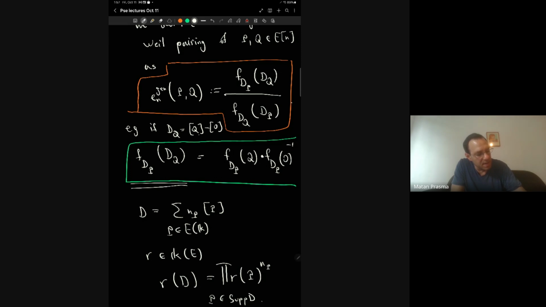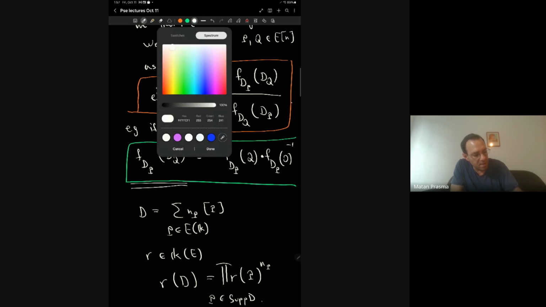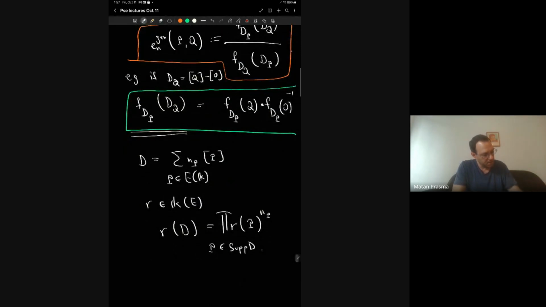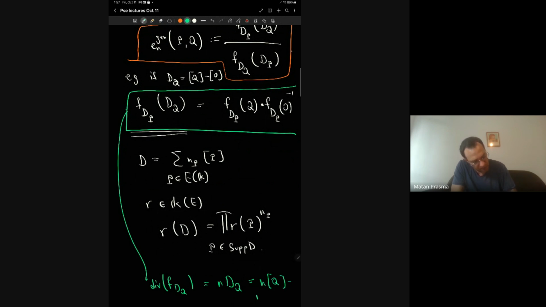If DQ is Q minus O, then FDQ needs to be a function such that the divisor of FDQ is N times DQ, and for this choice of DQ, it's going to be NQ minus NO. And this is what I said in the beginning of this session, that functions like this, we can compute with the Miller algorithm.